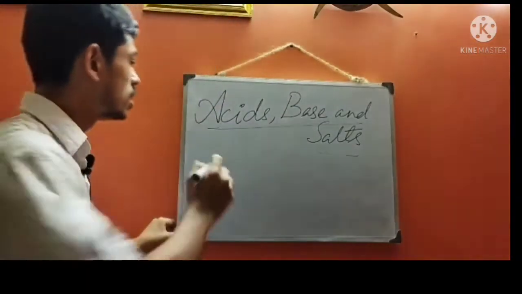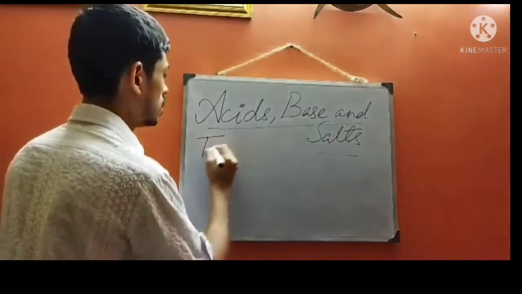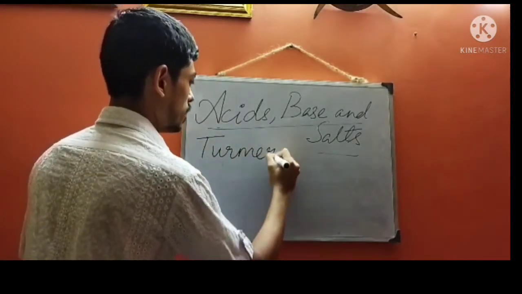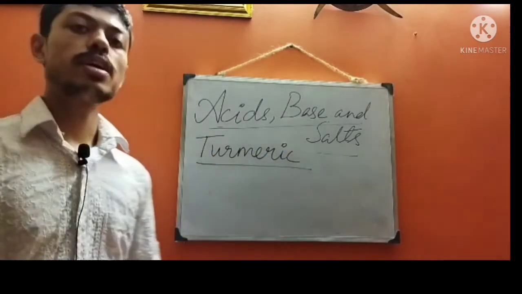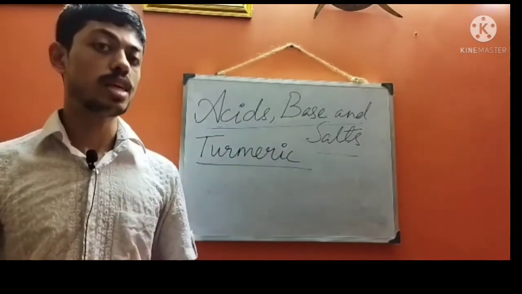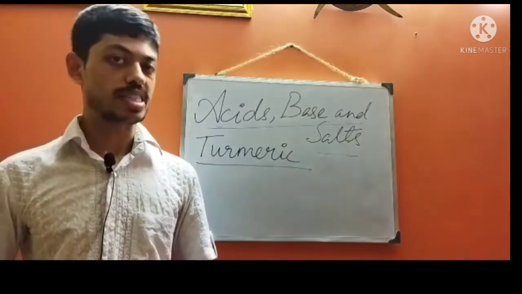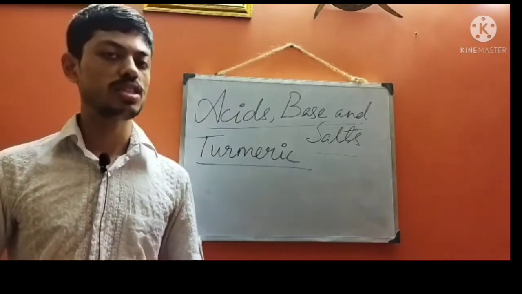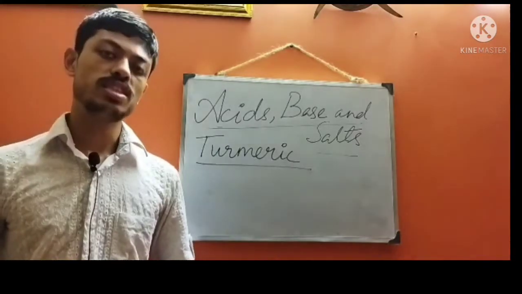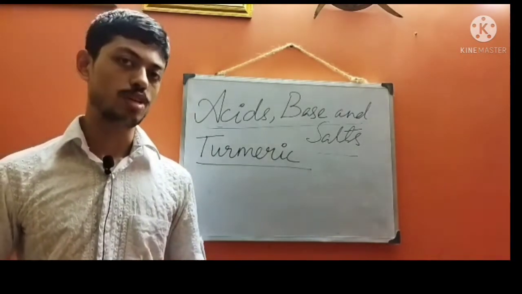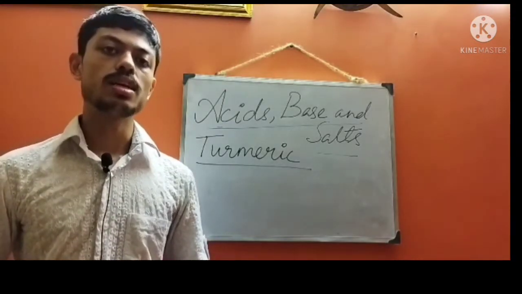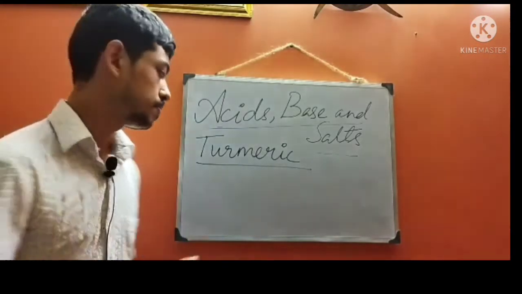Now coming to the turmeric. If we give few drops of an acidic solution to a turmeric paper which is yellow in color, it won't change its color. But if we give few drops of a basic solution, it would change its color from yellow to red.